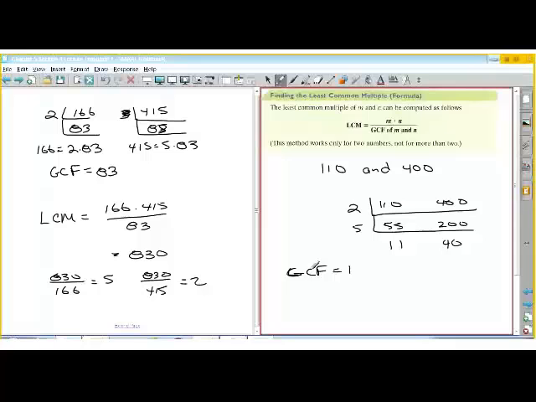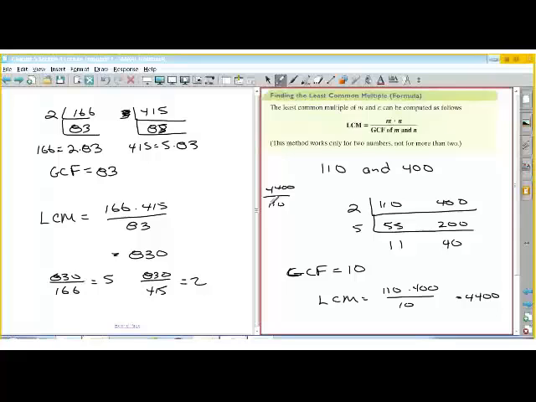So the greatest common factor is 10, multiplying these two numbers. The least common multiple is going to be 110 times 400 divided by 10, and it turns out the least common multiple of those two numbers is 4,400.